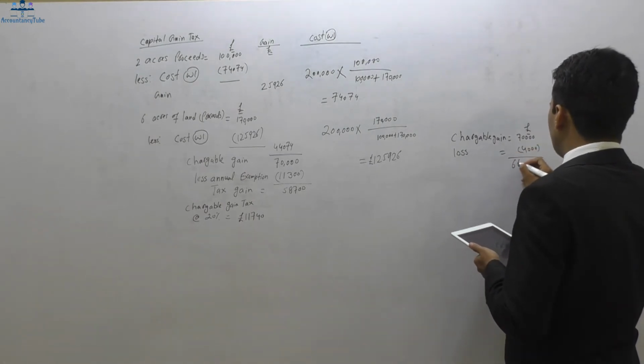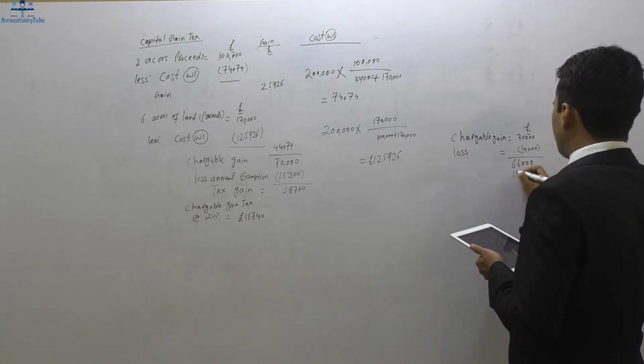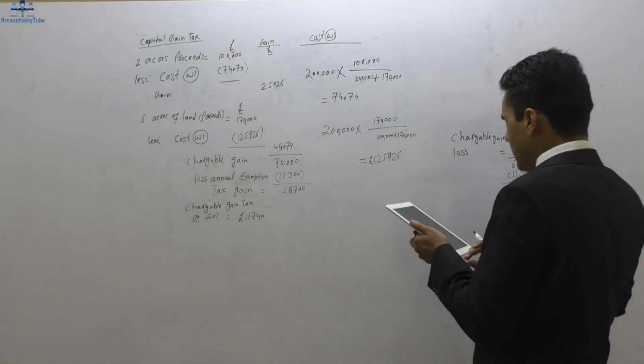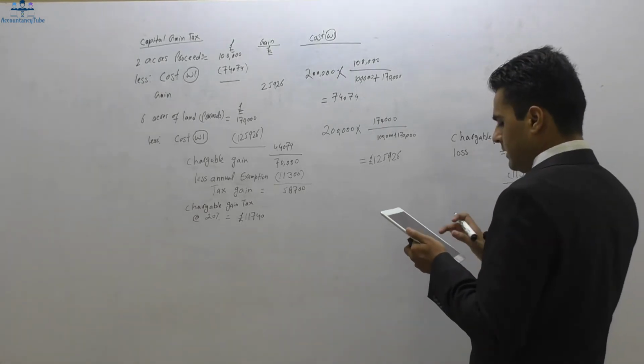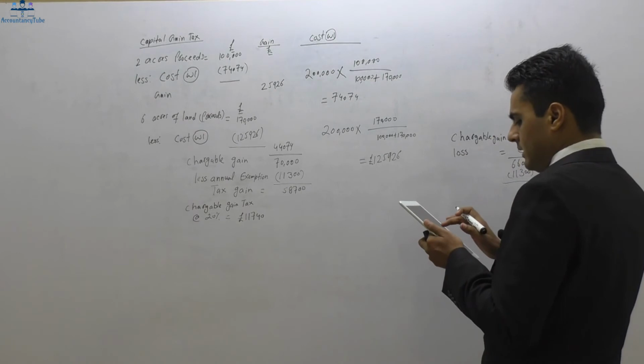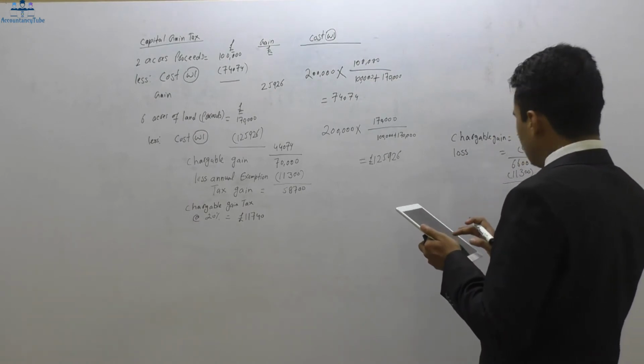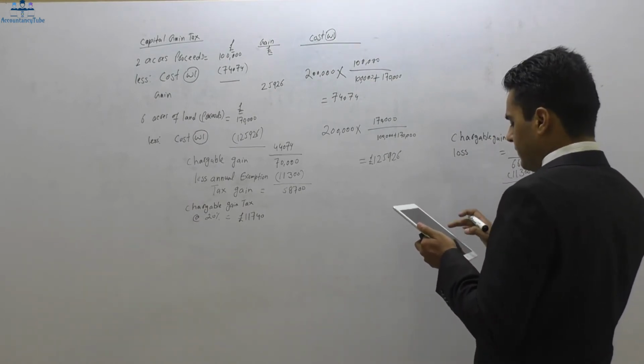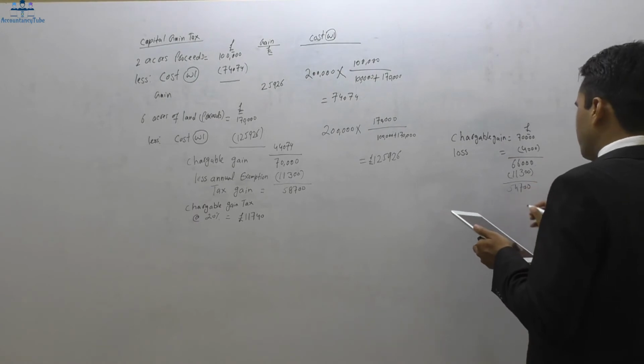The remaining amount is going to be £66,000, and on that £66,000 we'll have to apply the 11,300 annual exemption. If we deduct 11,300, the remaining amount is 54,700.